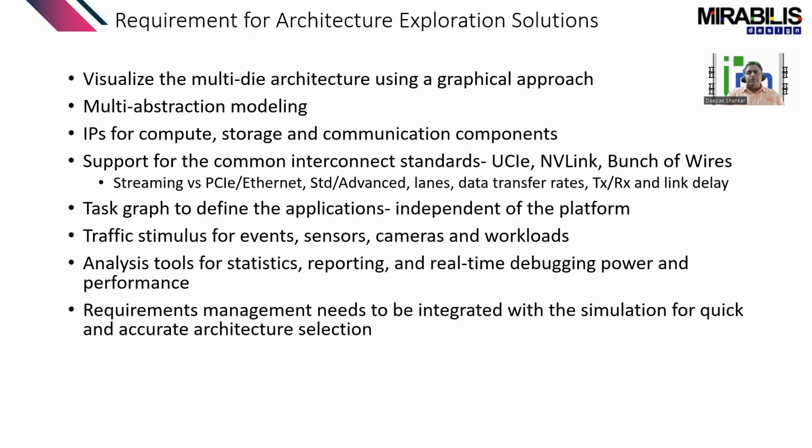So you want to be able to try out different variations and then figure out how the system is going to behave for all these different variations. You also want support for all the common interconnect standards like NVLink, UCIe, and Bunch of Wires. And all the parameters that can be modified should be available.